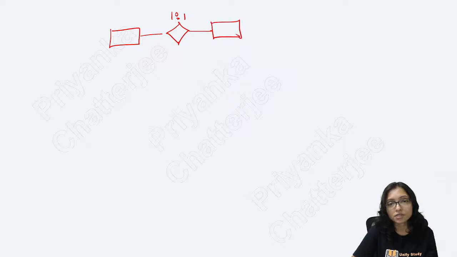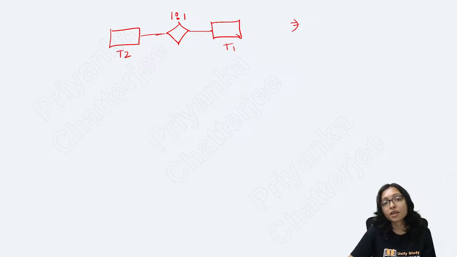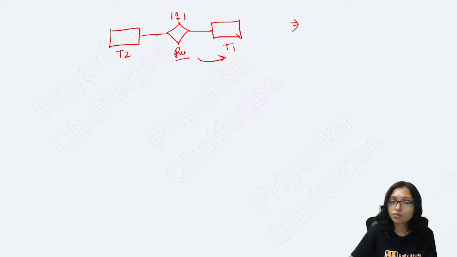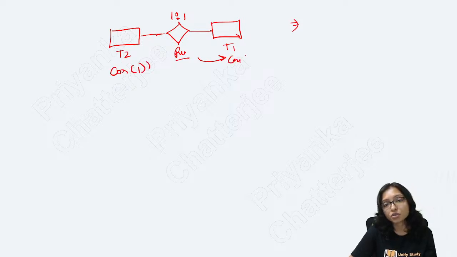So for that I am telling you one trick. When the relationship is 1-to-1, one table will be required for this entity, another table for that entity, and the relationship table you can combine with any one of them, because here is cardinality 1 and here is also cardinality 1.